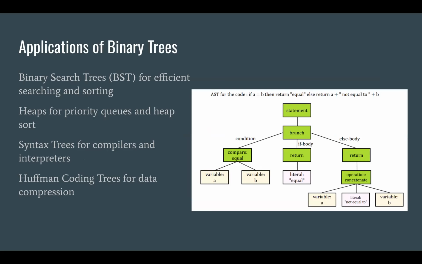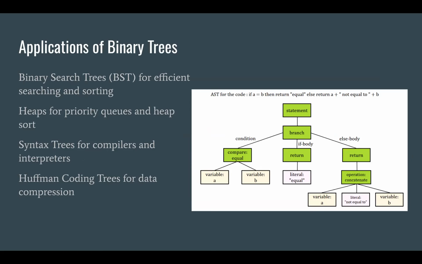Application of binary trees. So binary trees are more than theoretical construct. They have practical application in computer science. Binary search tree is an example. It allows you to efficiently search and sort, and this is a lot of times a foundation for databases and search algorithm.